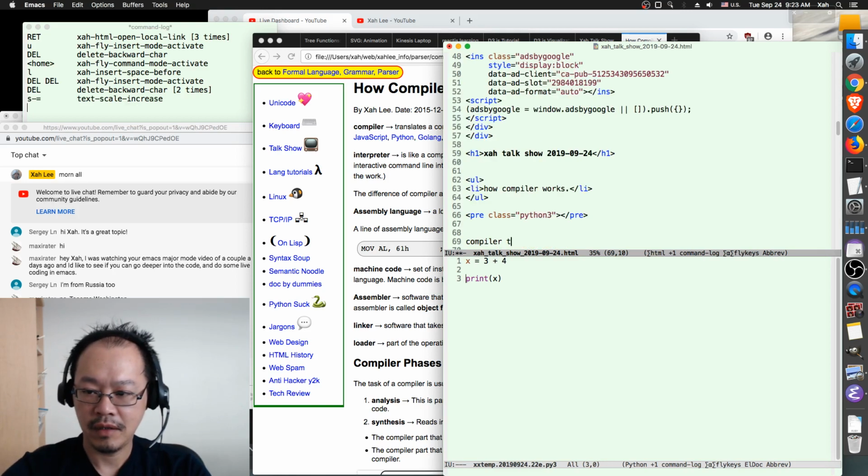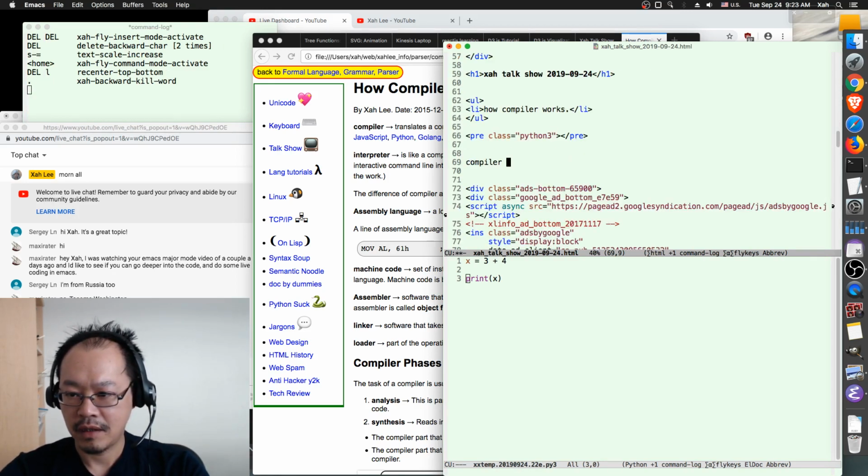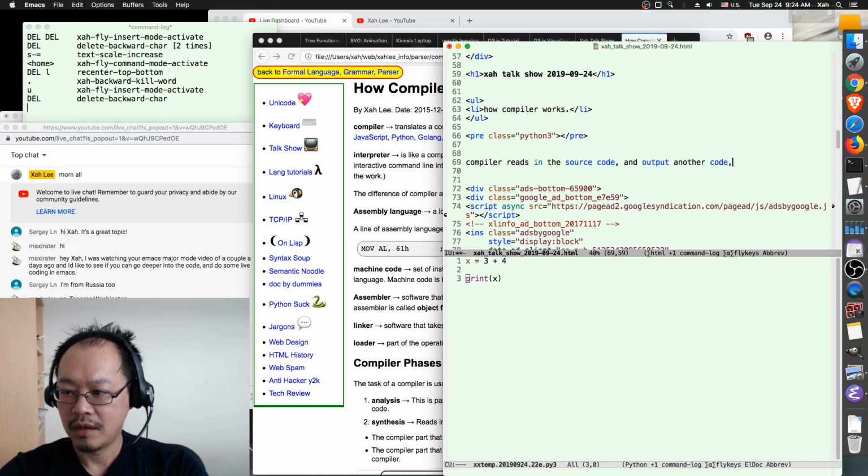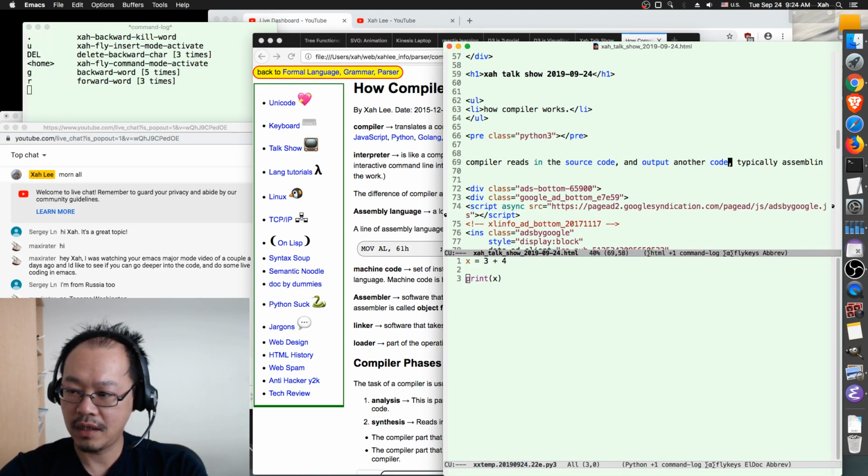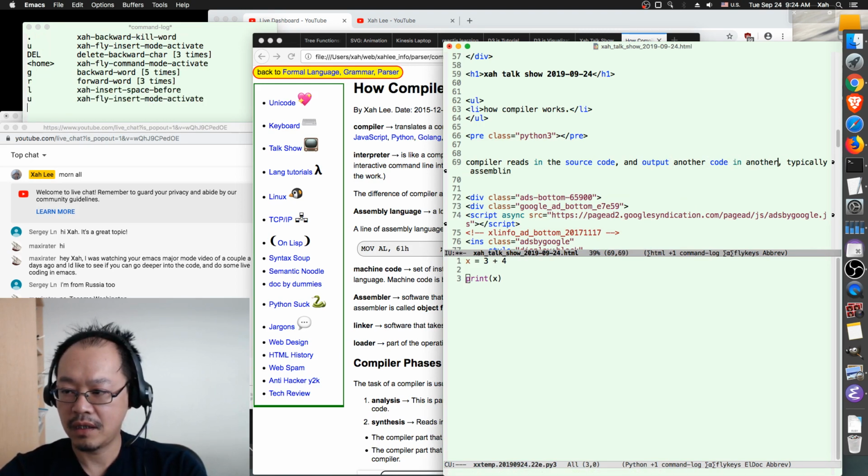A compiler is a program that takes in source code and outputs another code in another language.